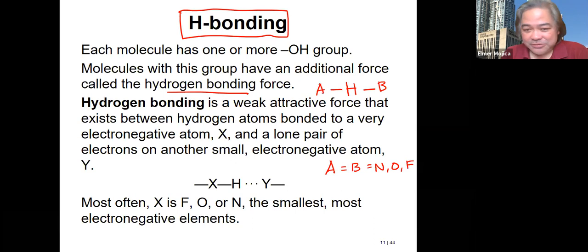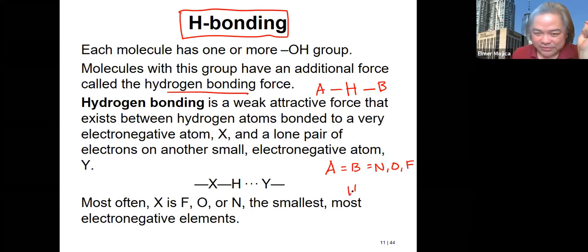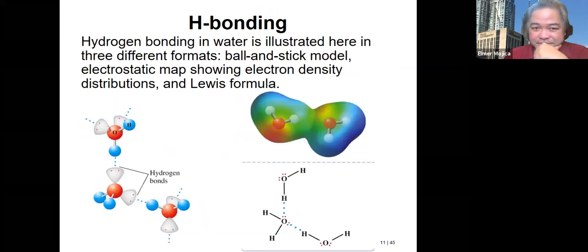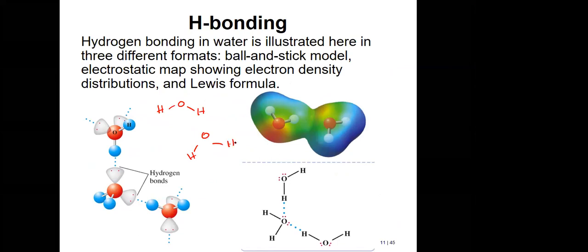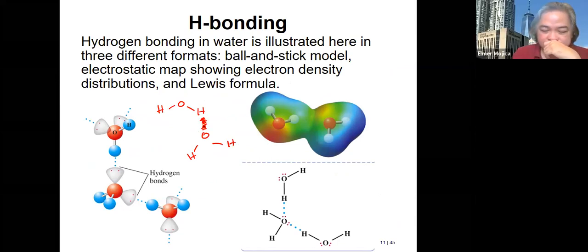So hydrogen bonding is a weak attractive force that exists between hydrogen atoms bonded to a very electronegative atom and a lone pair of electrons on another small electronegative atom. So I can make it like what it has here: X and Y, and X and Y can either be N, O, or F. If you have hydrogen bonding like water, you do it like this, so you form some sort of H bond there.